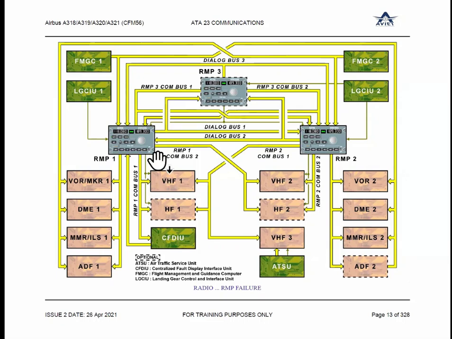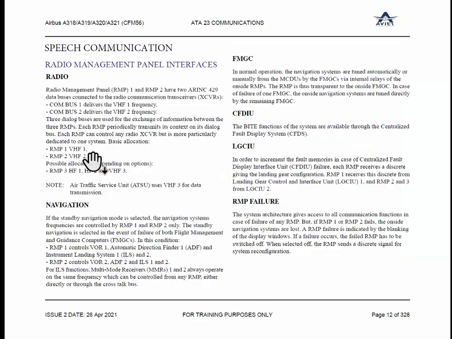So this is the normal case. Each RMP can control any radio receiver, but more particularly they are dedicated: RMP1 to VHF1, RMP2 to VHF2, and RMP3 to HF1, HF2, and VHF3.